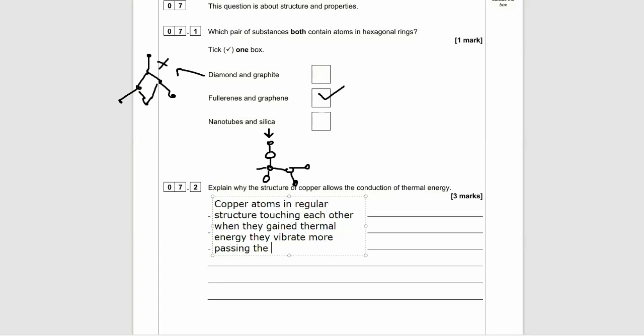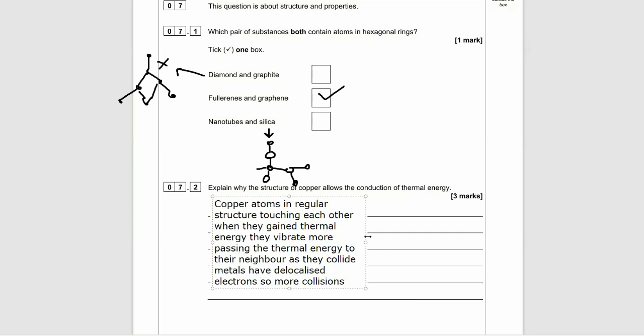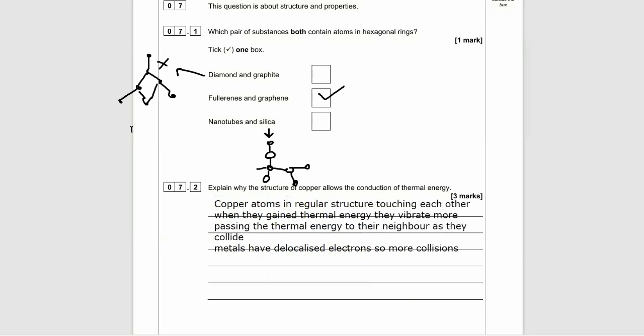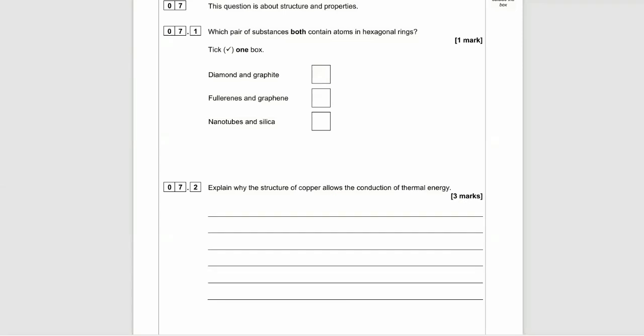When they heat up, they gain kinetic energy, vibrate, and pass that energy on to the atom, or the metal ion, next to them, because they collide and move more. Now, we should also add that metals contain delocalized electrons, which increase the number of collisions and therefore further aid the transfer of heat between the particles. And that's why metals are the best conductors out of all the solids.